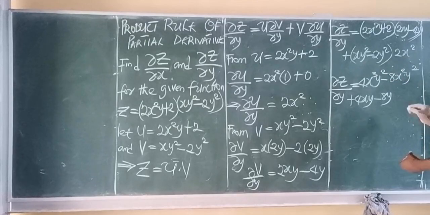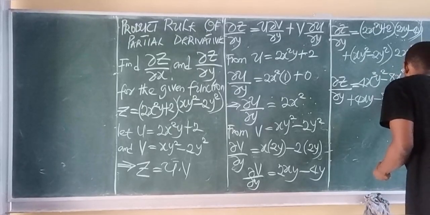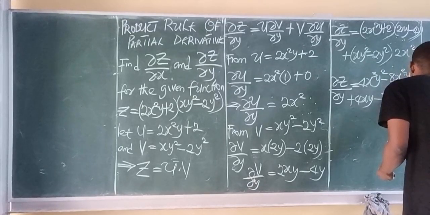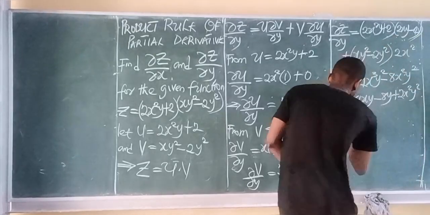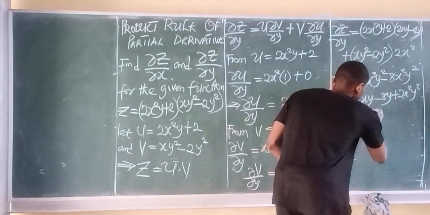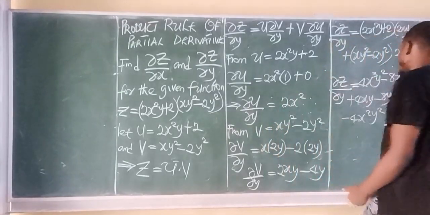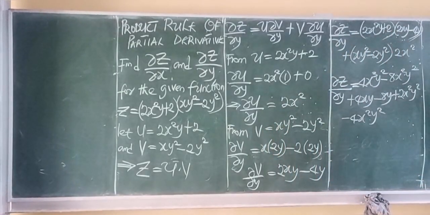That gives us plus 2x squared y squared. And finally, we have minus 2y squared multiplied by 2x squared. That gives us minus 4x squared y squared. So we'll check and see if anything can go.